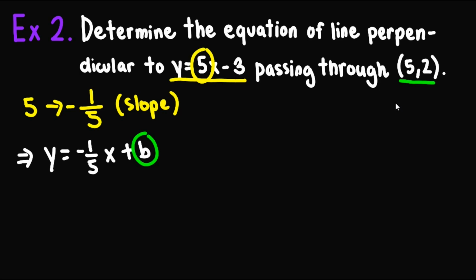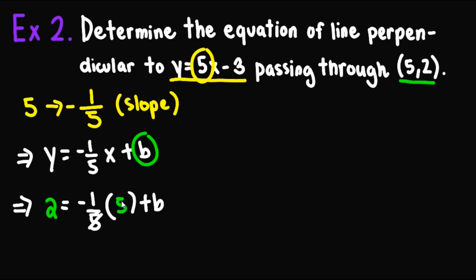So we simply plug this into our equation. Plugging in y, which is 2, this one is equal to negative 1 over 5 times x, which is 5, plus b.